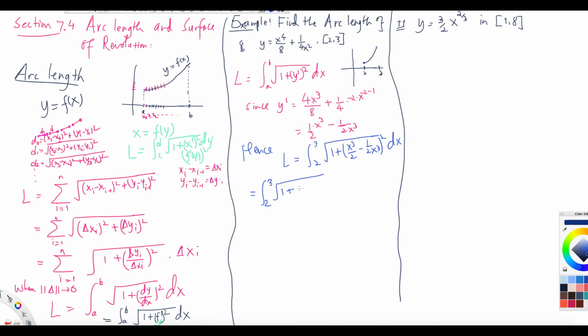That will look like x to the 6 over 4 minus 2ab. It is 2 times a, which is x cubed over 2, times b, which is 1 over 2x cubed, and then plus 1 over 4x to the 6, and then dx.